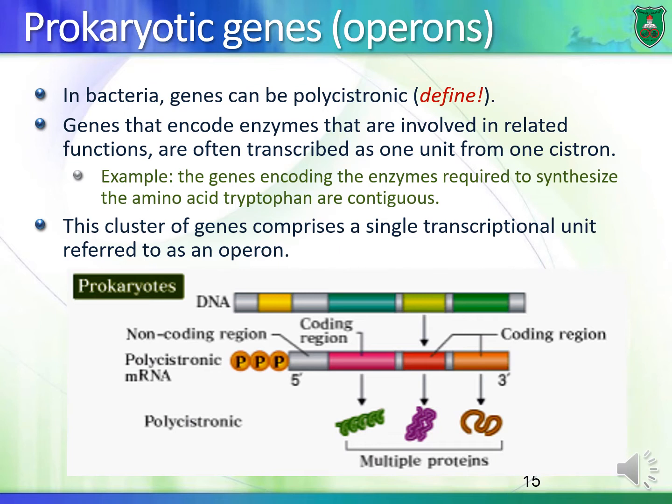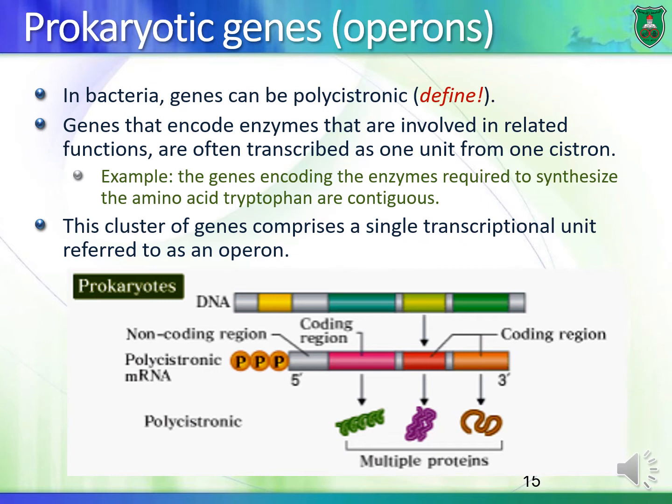Again, the definition of a polycistronic mRNA, or a polycistron, is basically a genetic unit that produces one messenger RNA, and this one messenger RNA can produce multiple polypeptides, and eventually proteins, from different regions of the messenger RNA, and each one of them has a totally different function than the other one, but they collectively participate in the same mechanism.